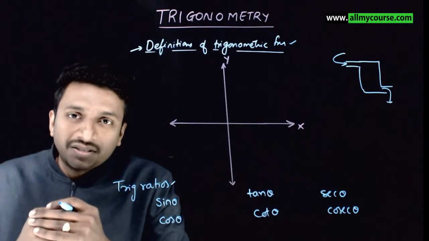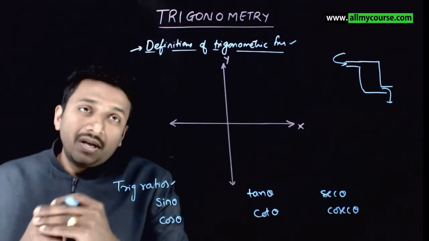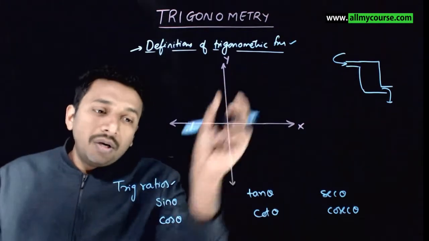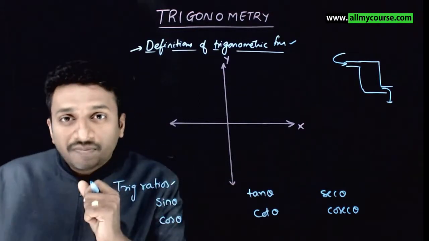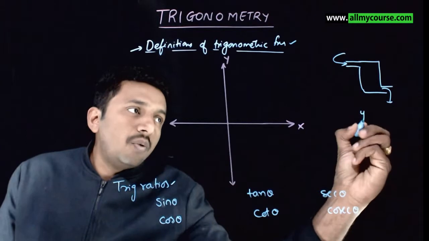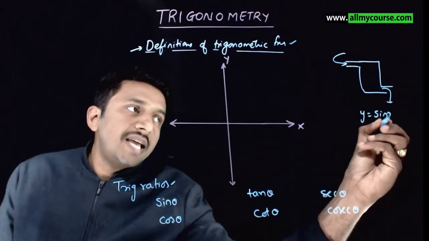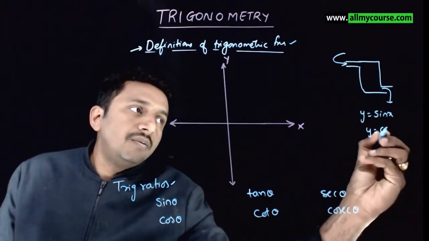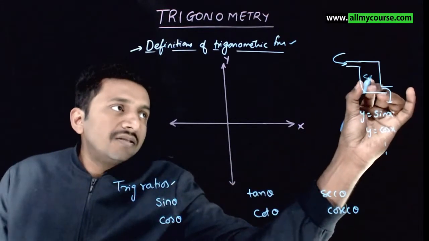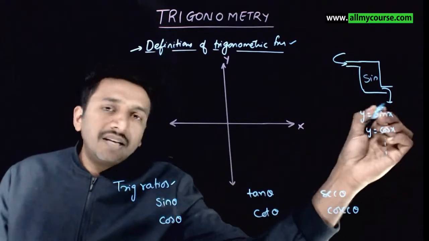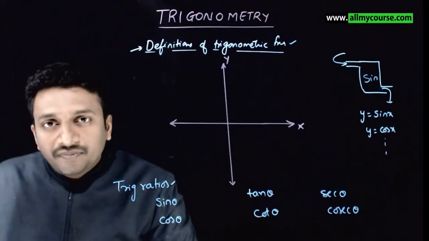Now, in 11th class, we are going to define these trigonometric ratios as functions. That is, I'll define a function y is equal to sin x, y is equal to cos x, and so on. These are functions which take in certain angles and give out the answers.